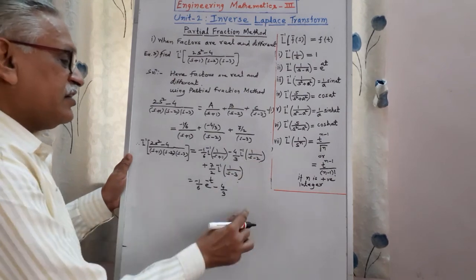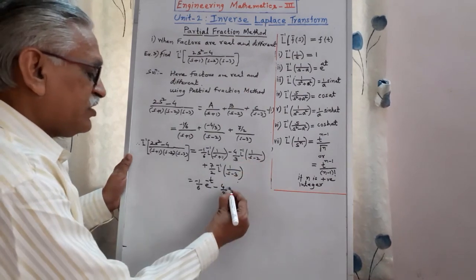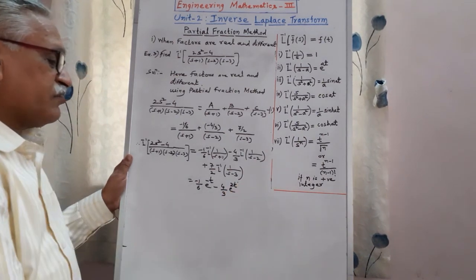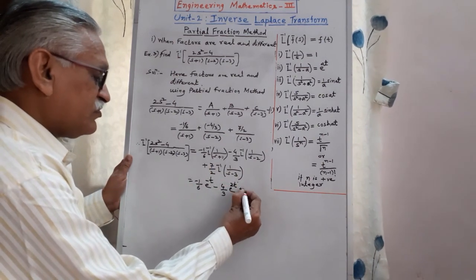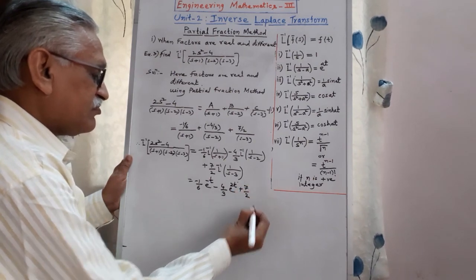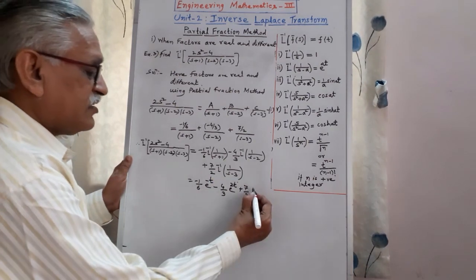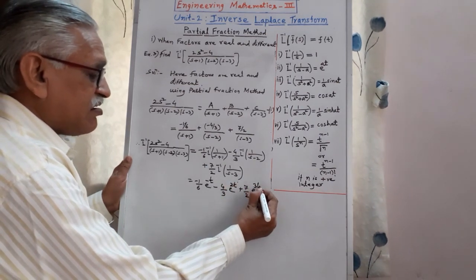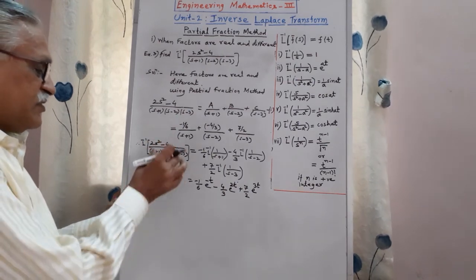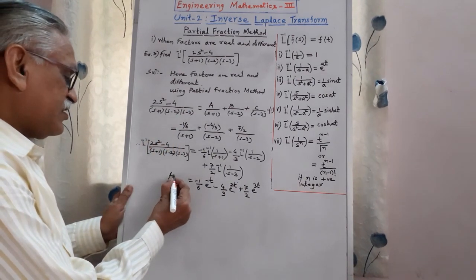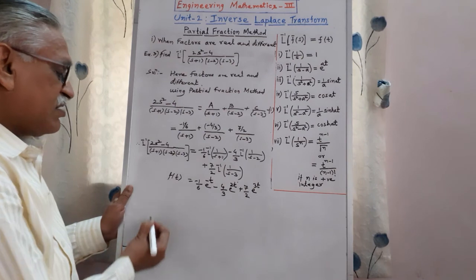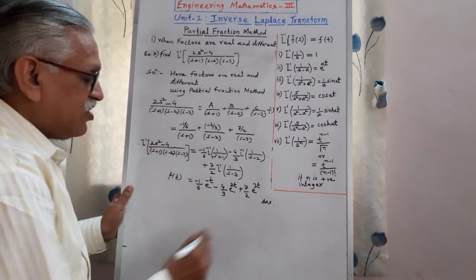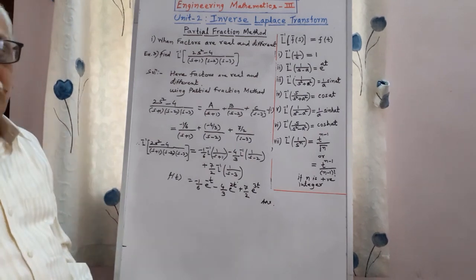Again same result, inverse of 1 upon s minus 2 is e raised to 2t, a is here 2, and plus 7 by 2, inverse of this by the same result, e raised to at, a is here 3, and inverse of F bar of s is f of t, and therefore this is the required answer, or required inverse Laplace transform.